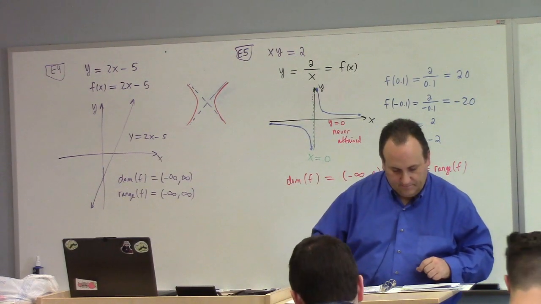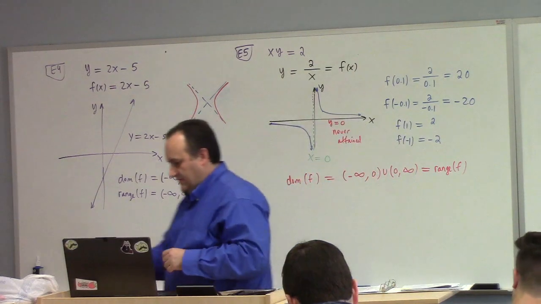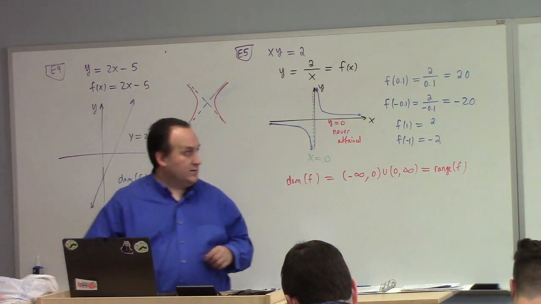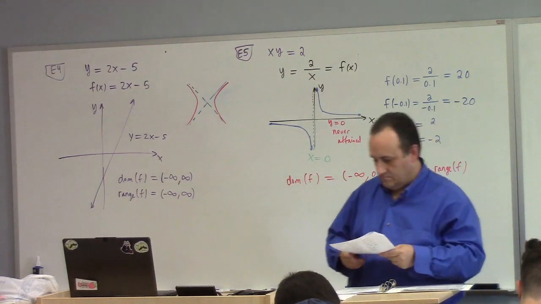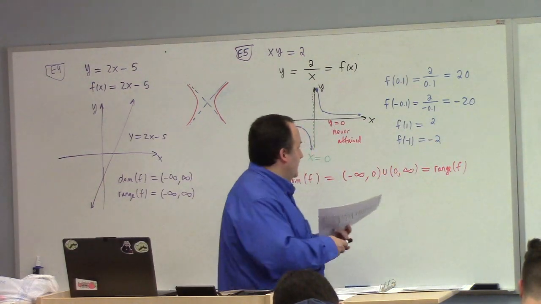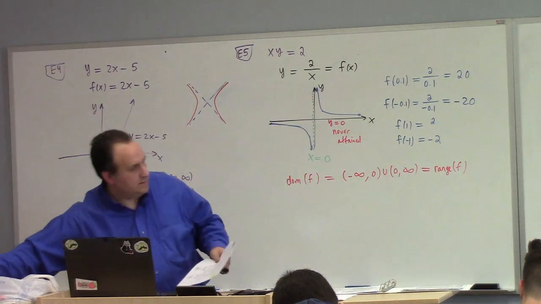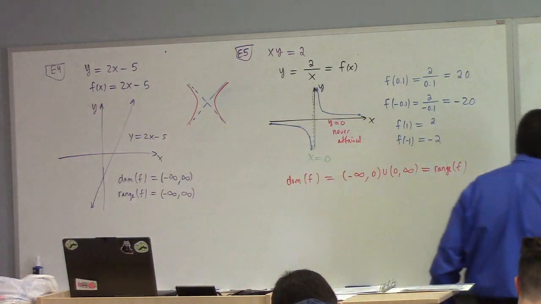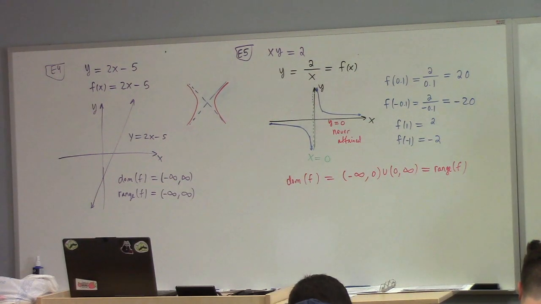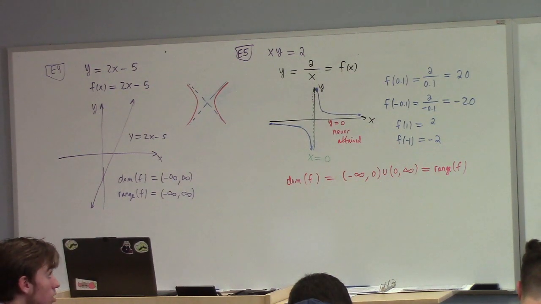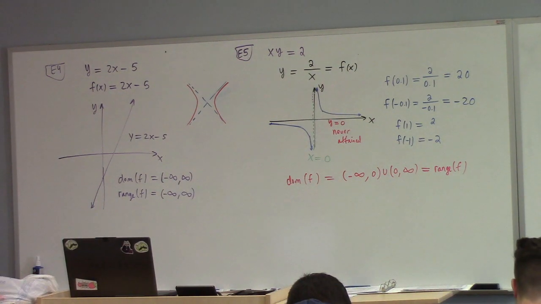All right, so let's go on here. Anyway, the question of domain and range, we'll keep coming back to it, but I'm going on a little bit now more to the mechanics of how we calculate a formula.